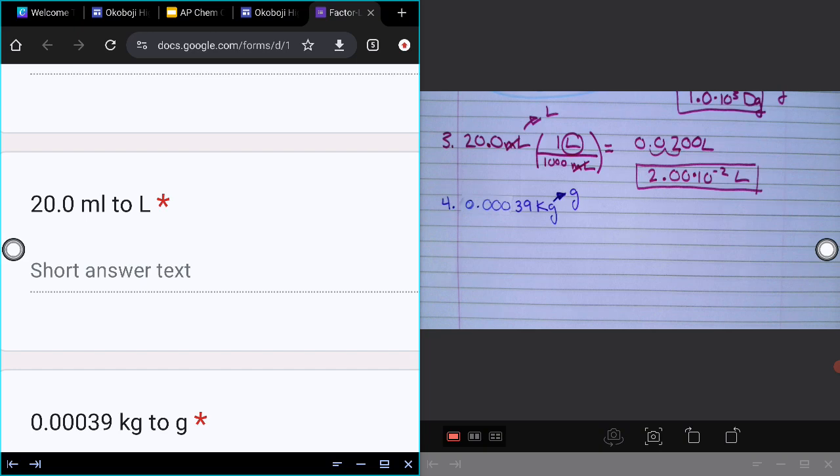I want to show you some math magic on this one, but I'm going to give you a chance to do it first, and then I'll show you.